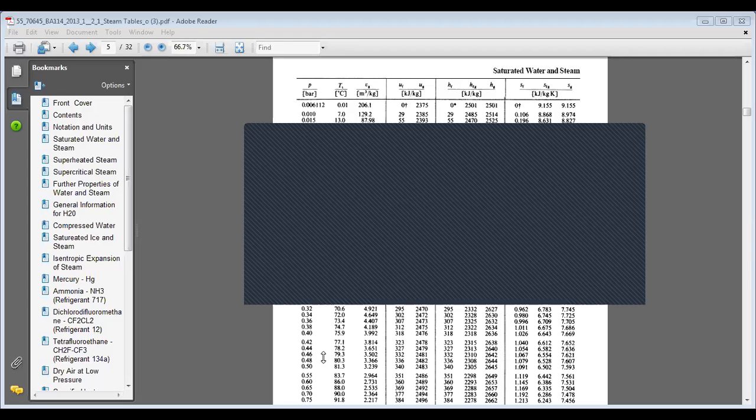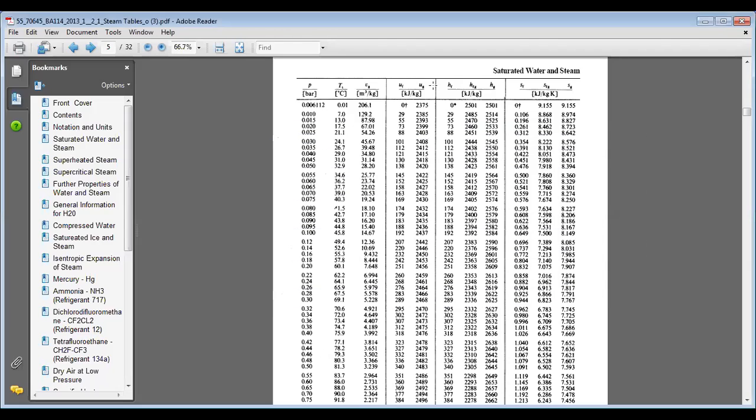So SF and SG and HF and HG, go back to the table again. You can say the H values are, from the right, the second set is H. This one: HF, HFG, and HG.